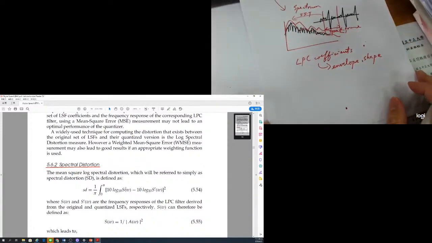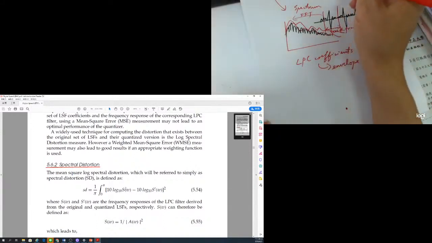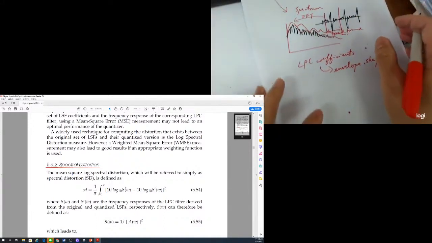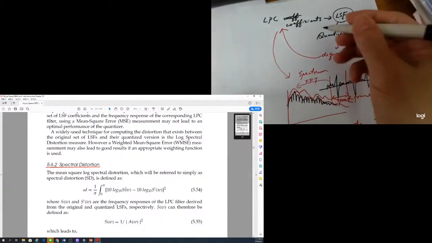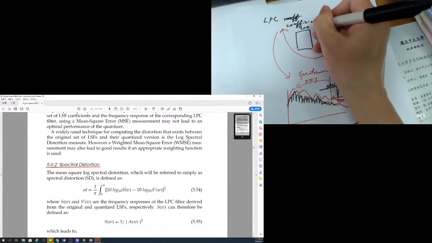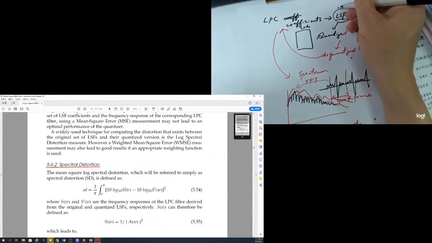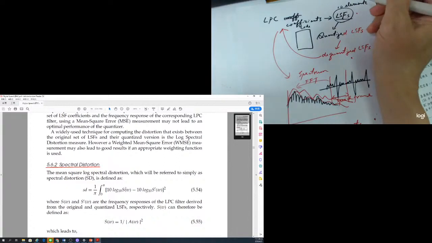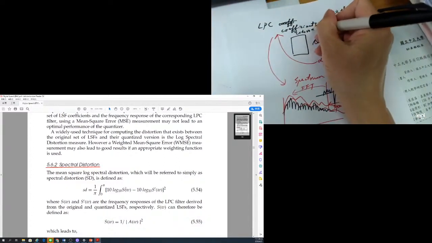So during quantization we can use a codevector. This is vector quantization, because we have 10 elements, so it could be a codevector.